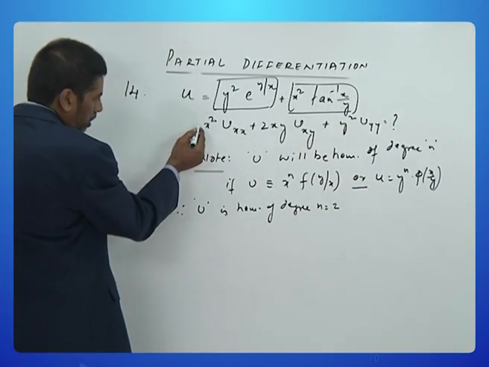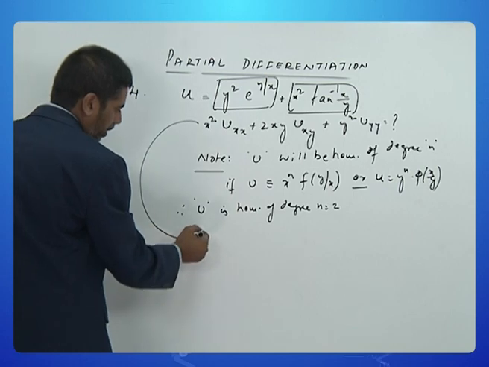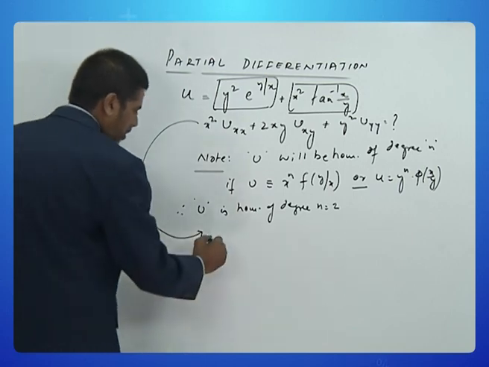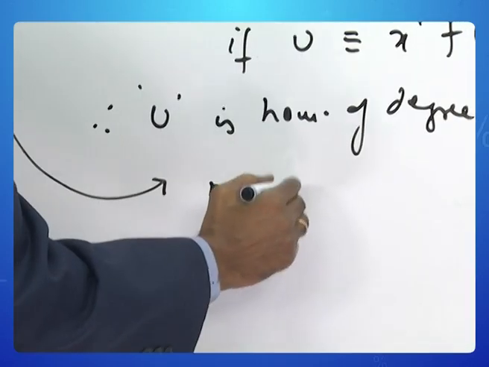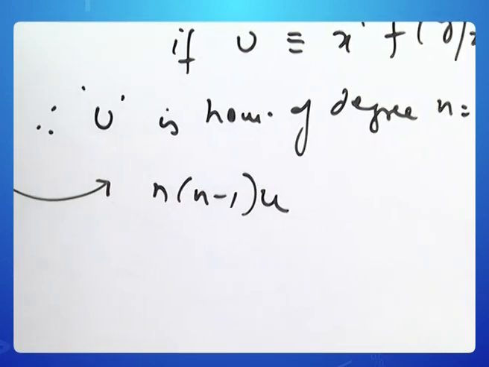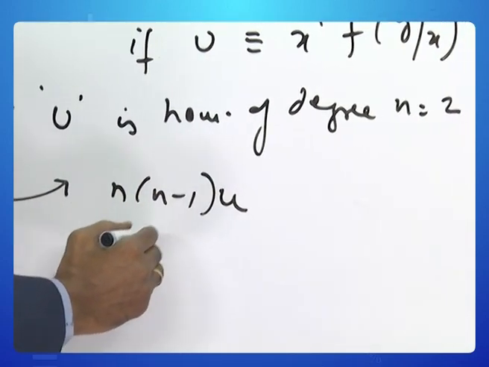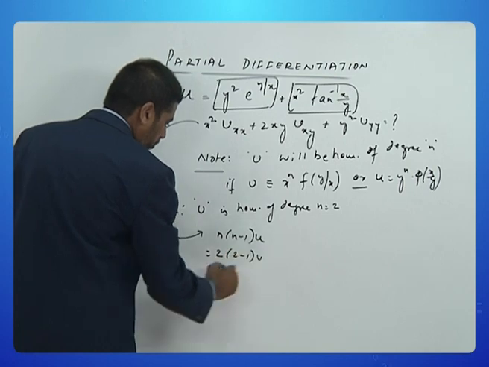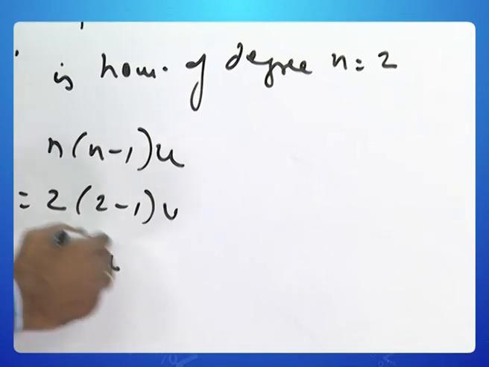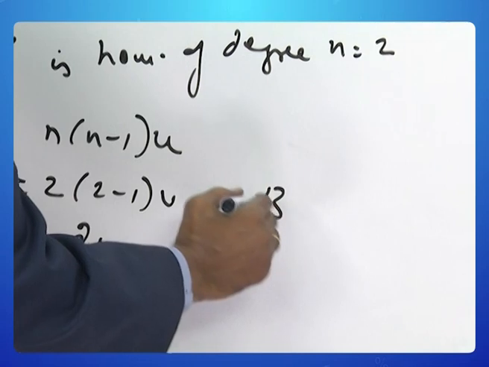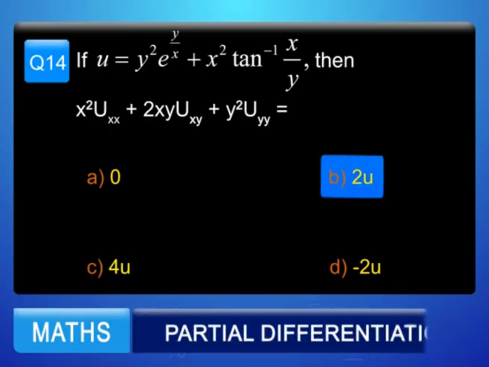Now accordingly, we have a direct application of Euler's theorem which says the output has to be n into (n minus 1) into u, where n is 2. 2 into (2 minus 1) into u, so it is 2u. So you can easily find the correct option is B.